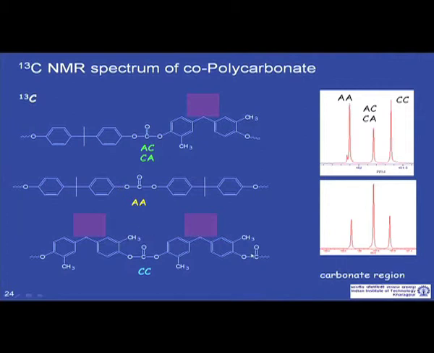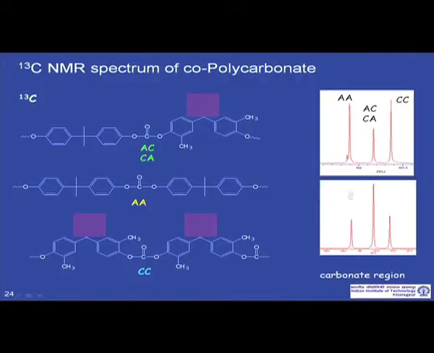Similarly, if we make a homopolymer of this particular monomer, then we can know the chemical shift for this carbon 13 peak for this particular carbonate. So, when you have a copolymer, from the ratio of these three peaks, we know the amount of this type of carbonate present in the system.